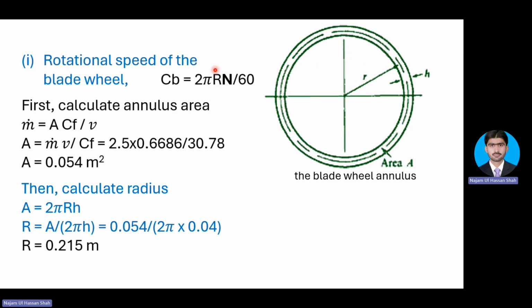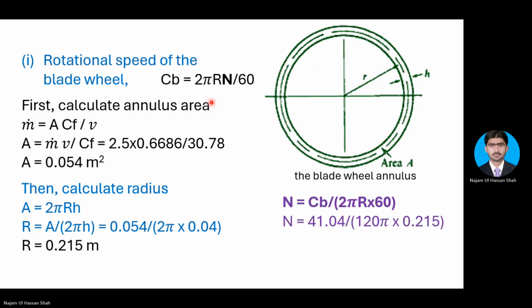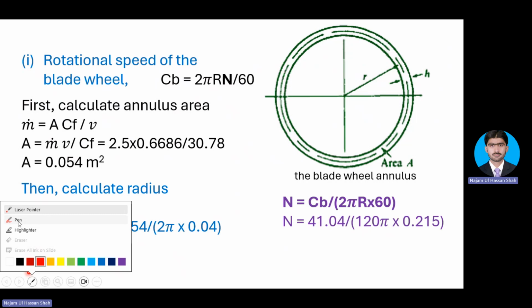We can substitute the value of radius here to determine the value of rotational speed. So N is equal to CB divided by 2 pi R into 60. We substitute values: 41.04 divided by 120 pi into 0.215. Notice since we are writing a value of 60 here, we are taking the value of N in RPM.